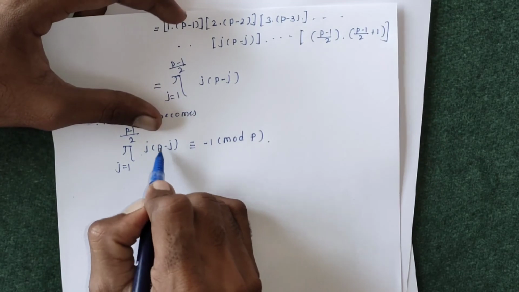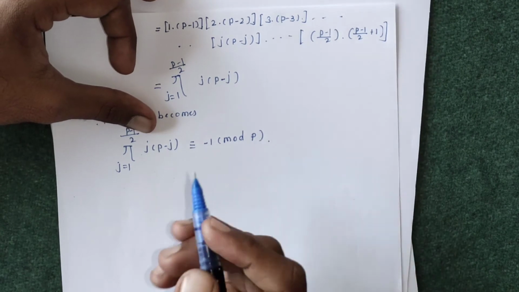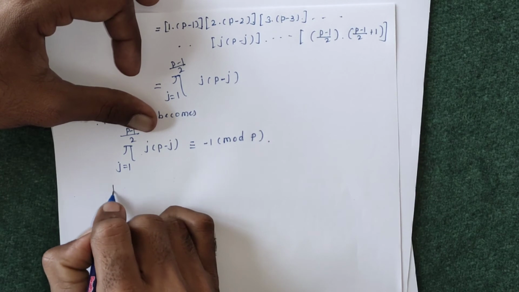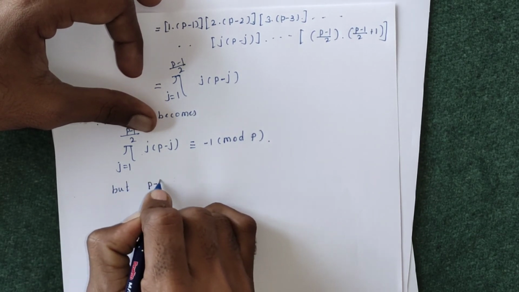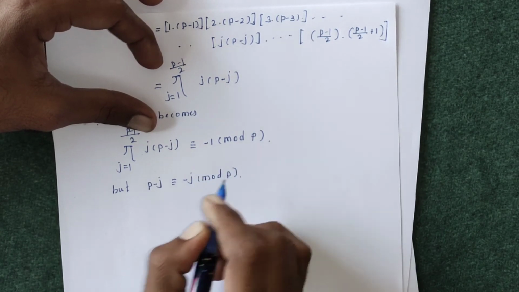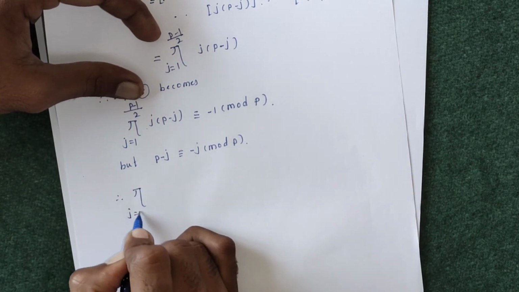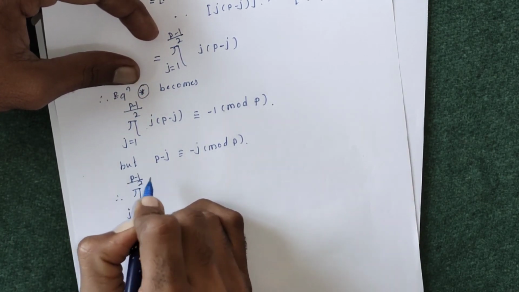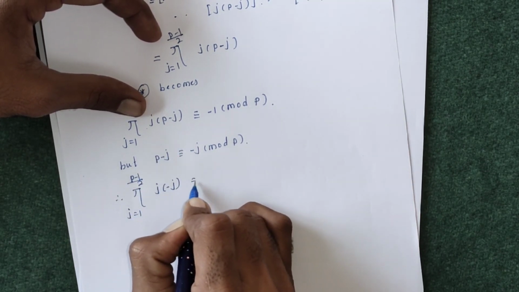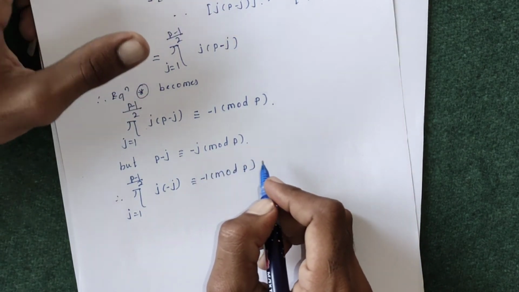Now this p minus j is clearly congruent to minus j modulo p, since p is congruent to 0 modulo p. Therefore this product can be written in the form product j running from 1 to (p minus 1)/2 of j into minus j, which is congruent to minus 1 modulo p.